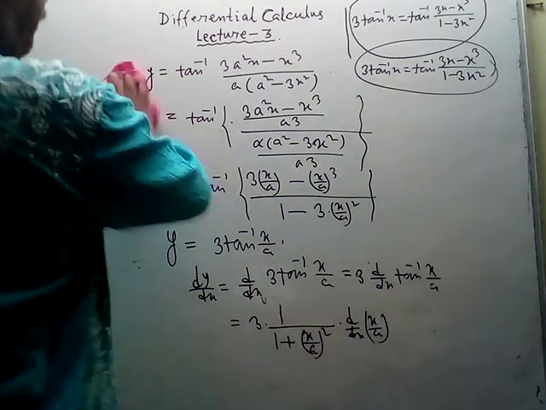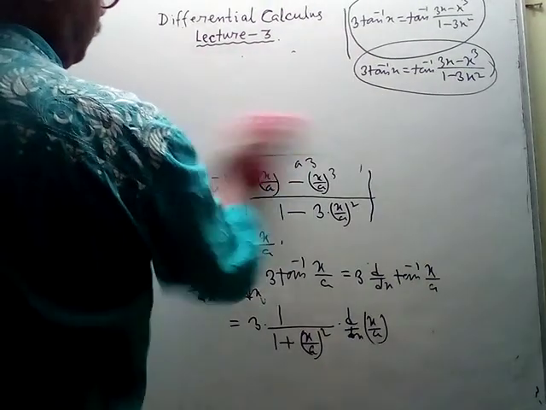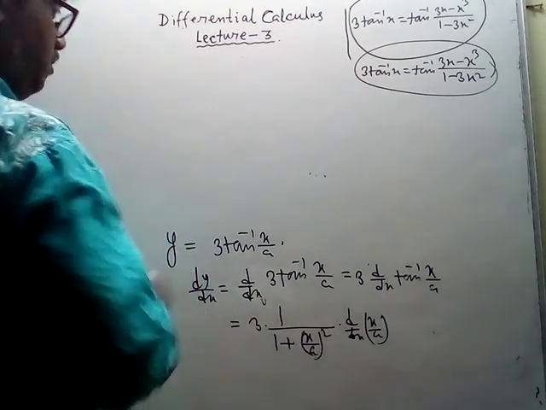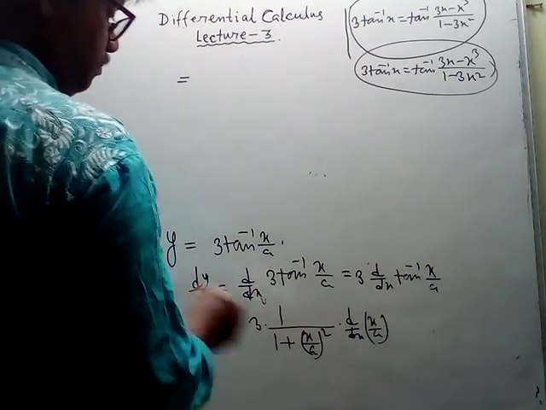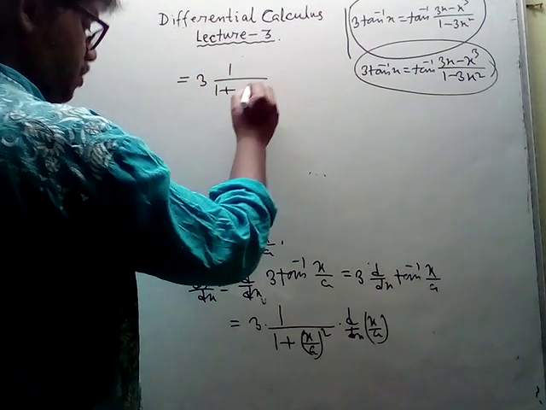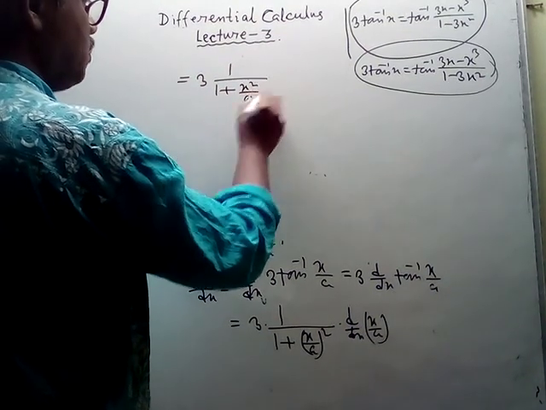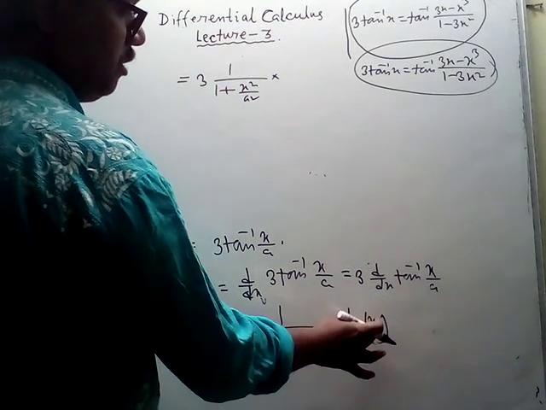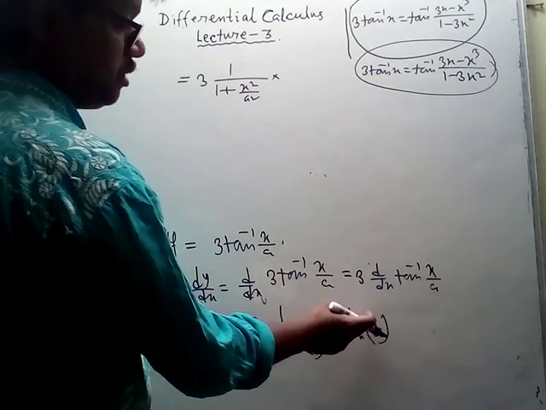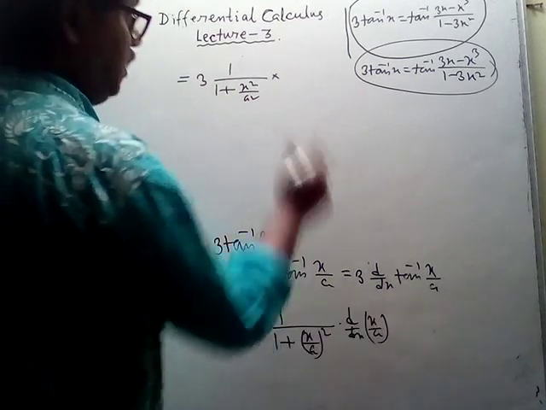Now this equals 3 into 1 by 1 plus (x square by a square) into the derivative of x by a, which is 1 by a constant, and the derivative of x is 1. That is 1 by a.